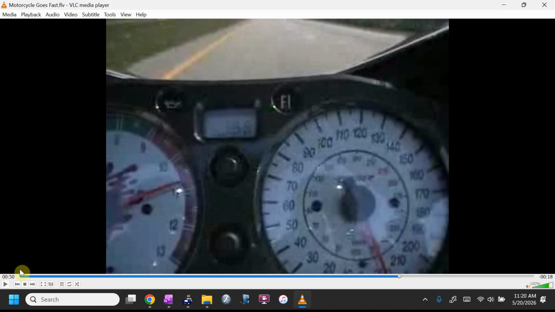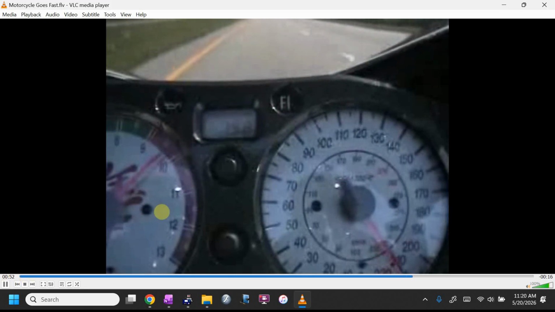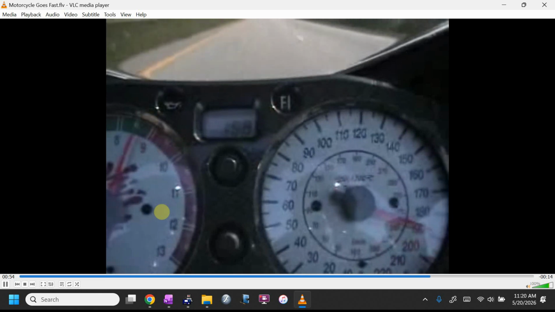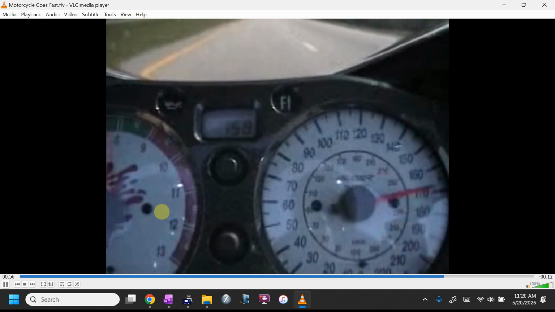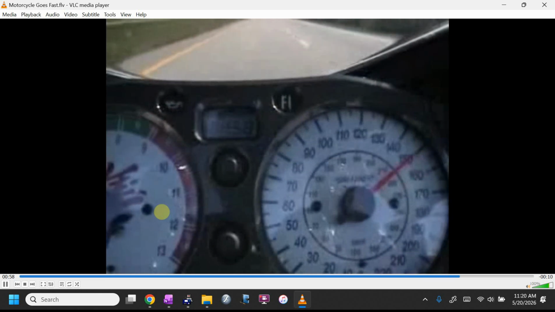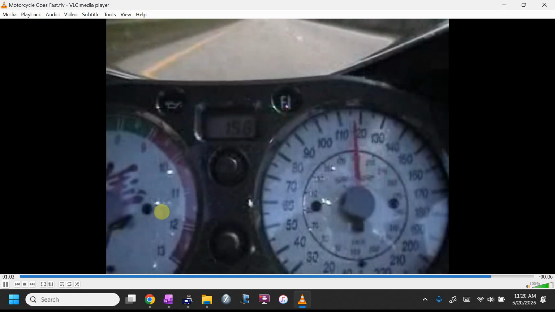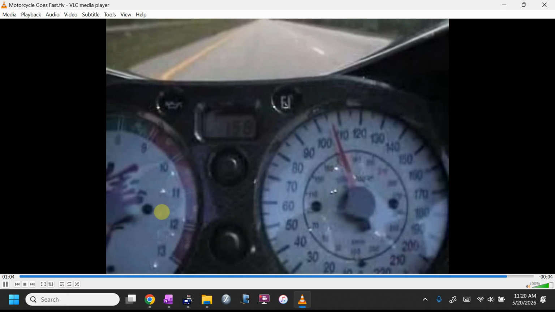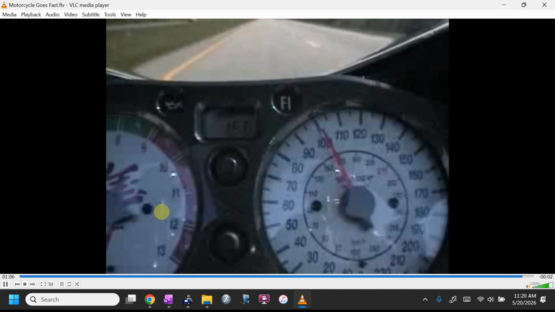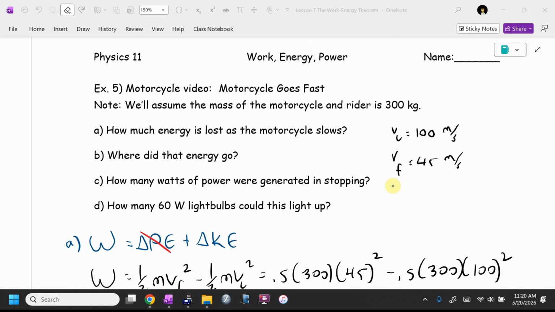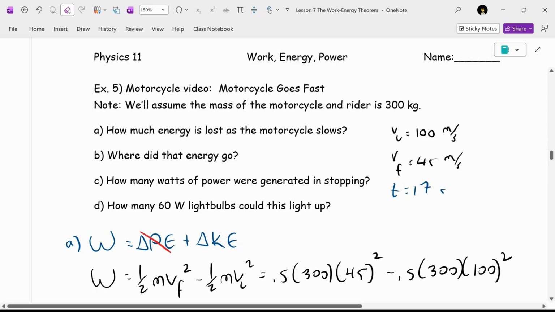Let's just remember 50. 1 minute, 17 seconds, so 50 to 1:17. Okay, I got a time. Up here where we have our data, let's list t equals 17 seconds.